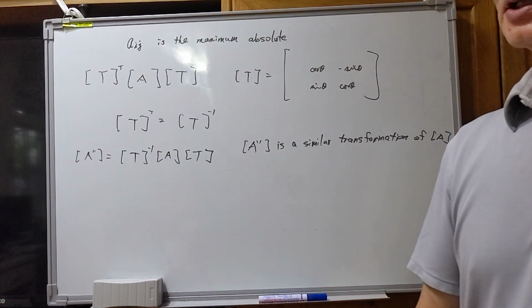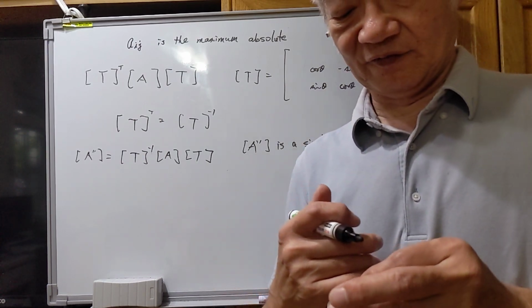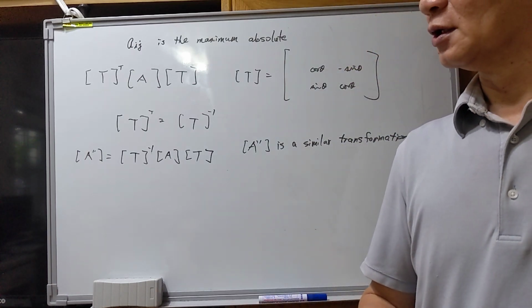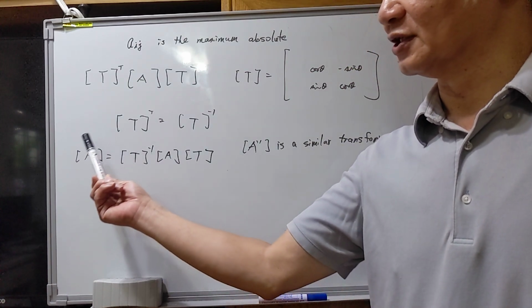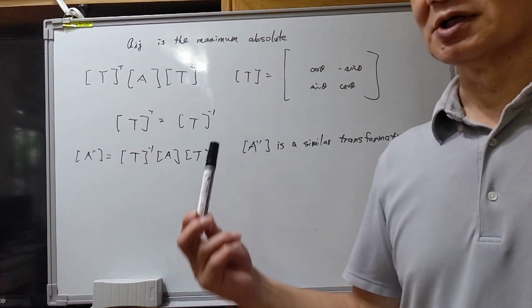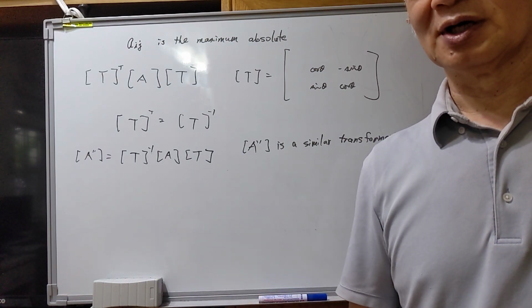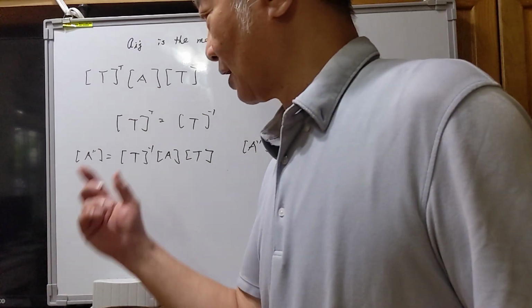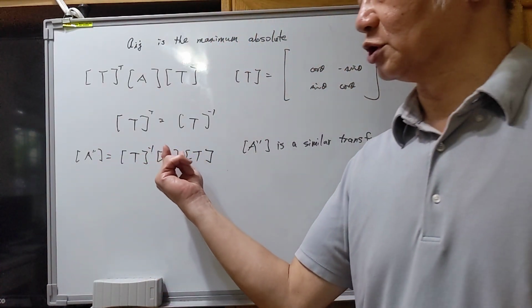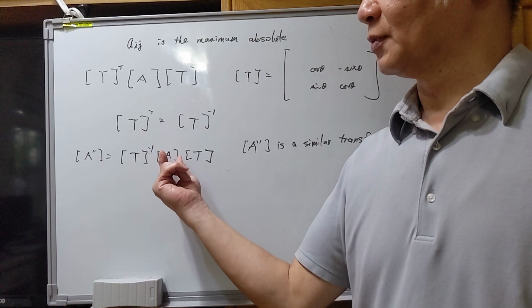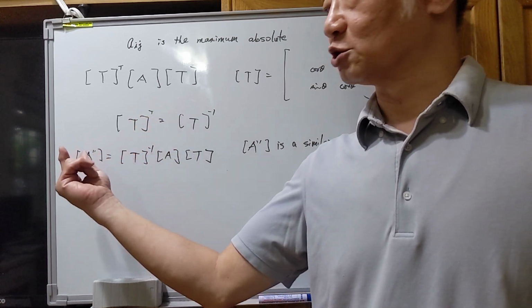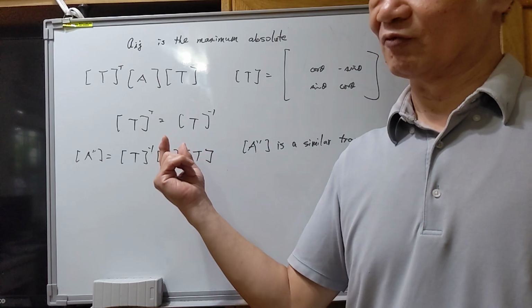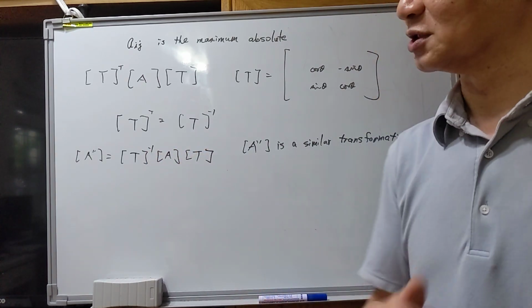Also, you can find from the engineering mathematics textbook the theorem: similar transformations will have the same eigenvalues. So the eigenvalues of the original A matrix will not be changed if we make similar transformations.